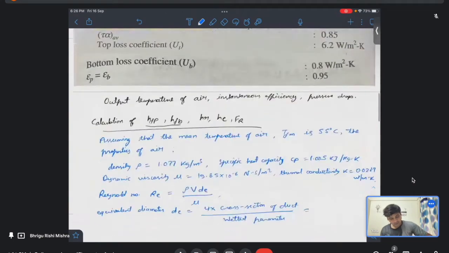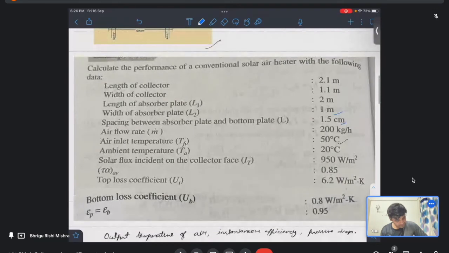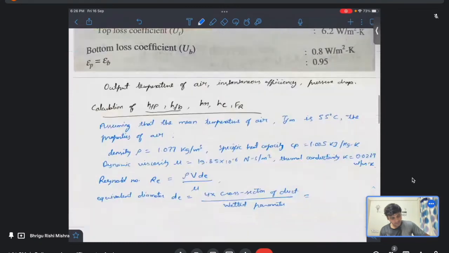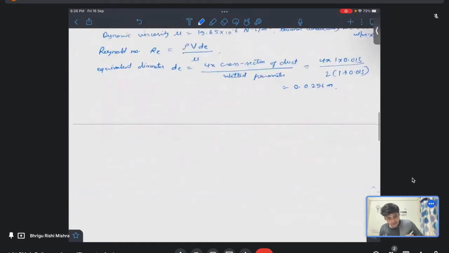So it is 4 into 1 into 0.015 divided by 2 into 1 plus 0.015, which is 0.0296 meter.